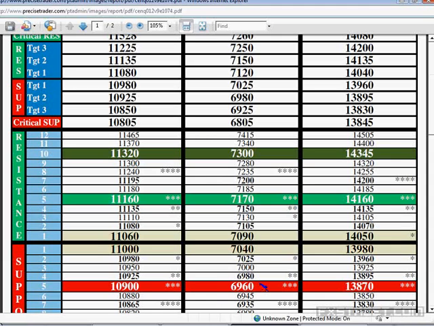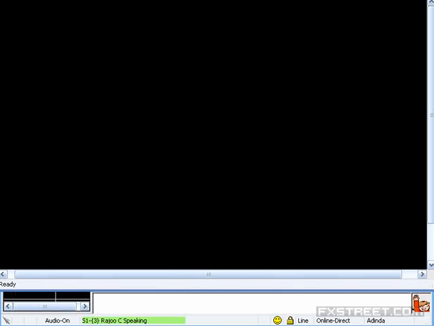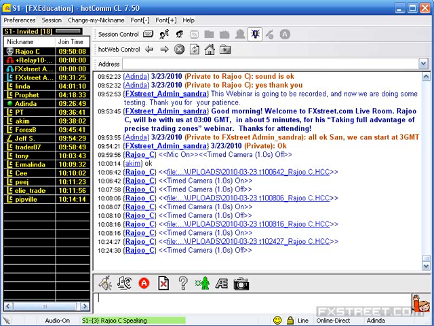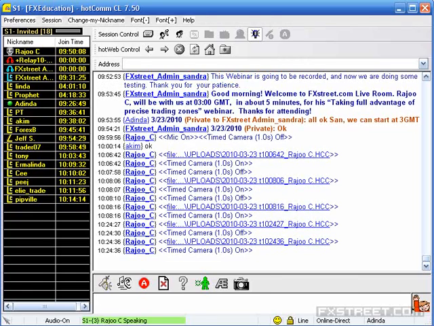This is what happens whenever the price is moving in a consolidation phase or is caught in a no man's zone. Now let's look at our chart and see how we can interpret and play this market.